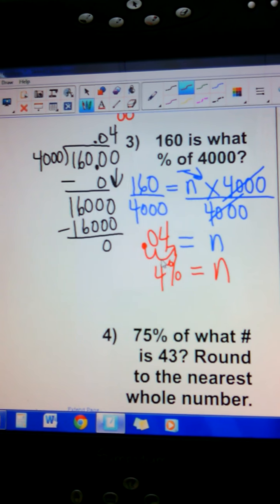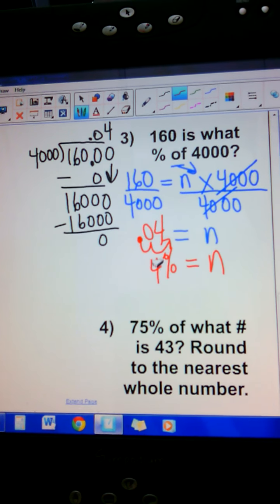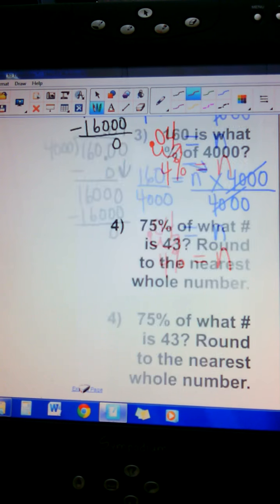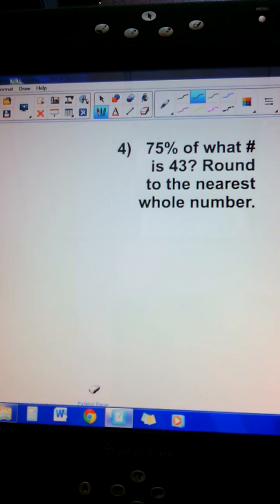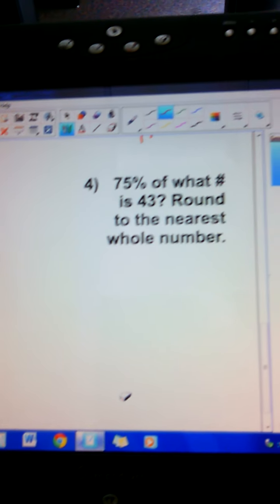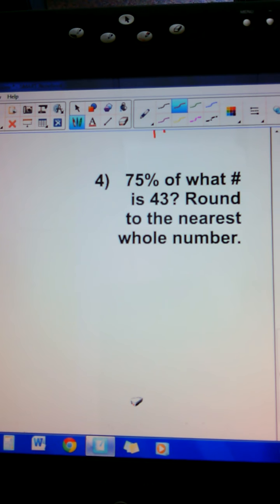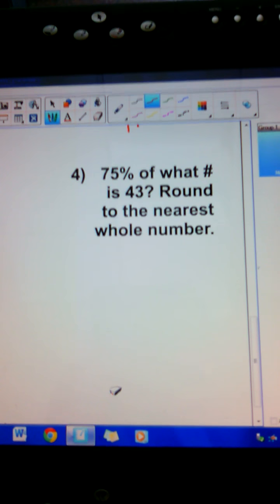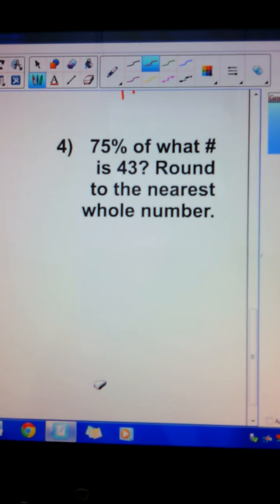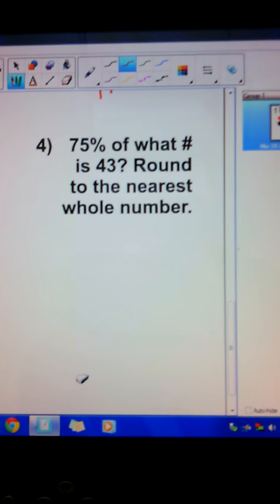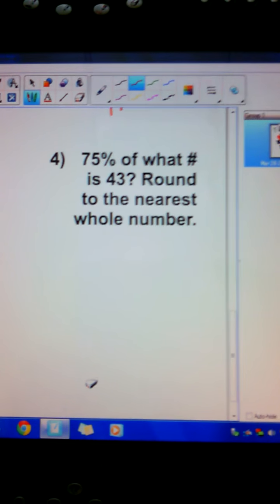All right, the last example, 75% of what number is 43? And for this answer, we need to round it to the nearest whole number. Okay, so again, the first step is to translate this into an algebraic equation.